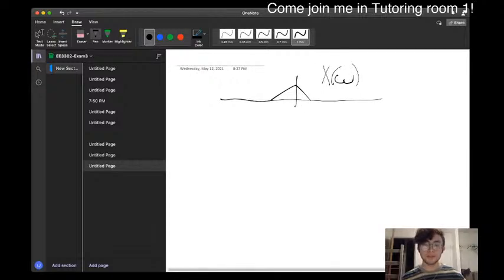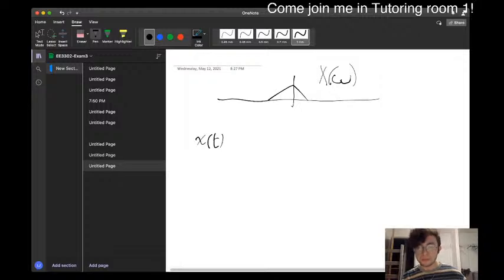Let's say you're given the following diagram. x(t), we're in the continuous time domain right now, because we're talking about sampling.